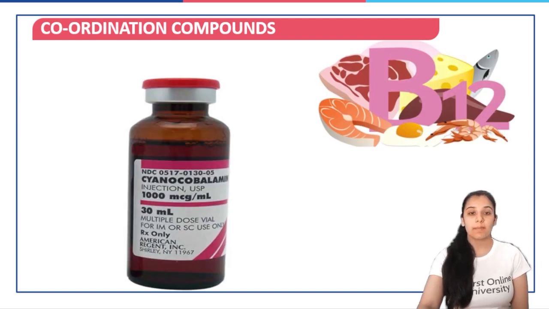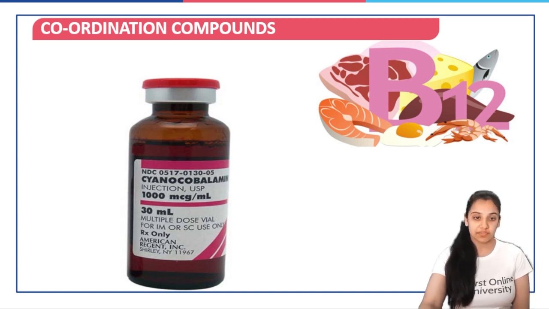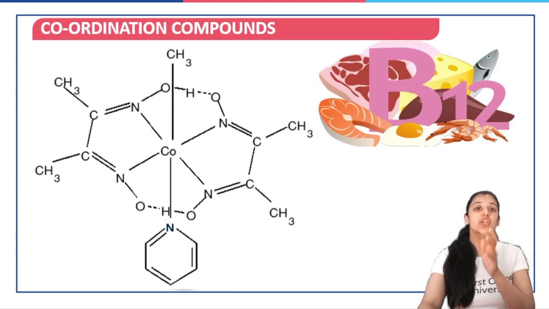Now, when we talk about compounds that are rich in vitamin B12, cyanocobalamin is a very important injection that is given in order to administer vitamin B12 in vitamin B12 deficient patients. So let us look at the structure of cyanocobalamin. As is clear from the name, cobalamin means it contains cobalt, which has amino ligands.